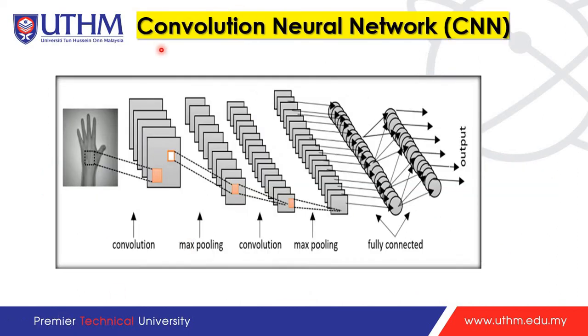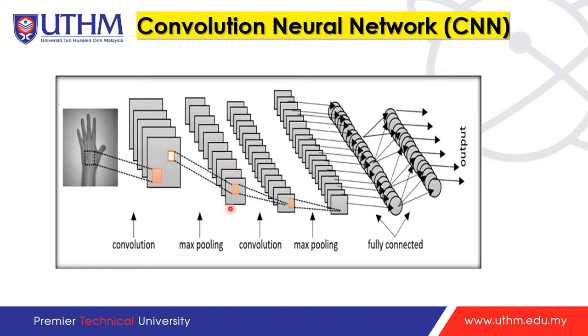Convolutional neural network is actually a type of deep neural network. It consists of the input layer, in this case a dorsal handprint as the input, and then you have the convolution layers, which extract the features.